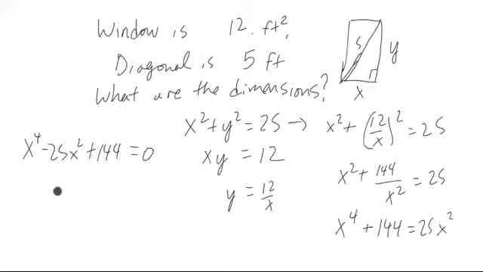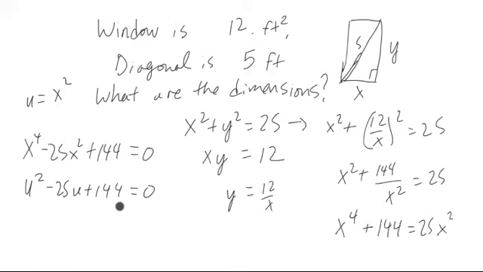Now, sometimes you see something like this and you say, wait a minute, x to the fourth is like x squared squared. So you could think of a u variable and think of this as u squared minus 25u plus 144 is equal to 0. So we can just do a quadratic as is.